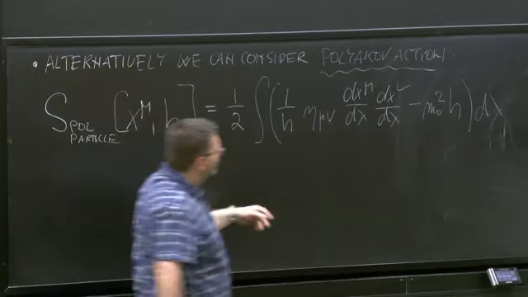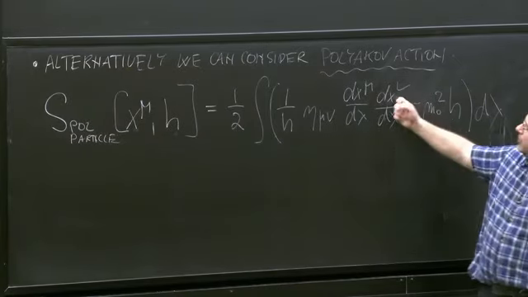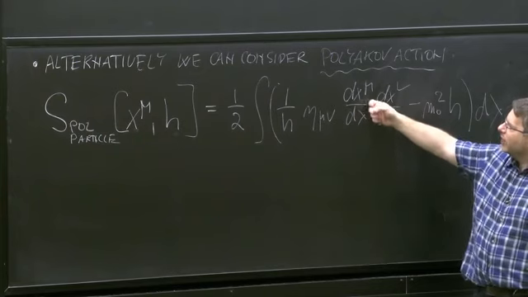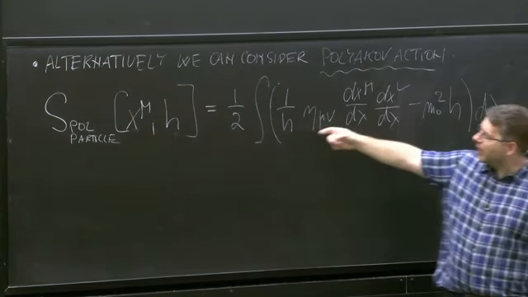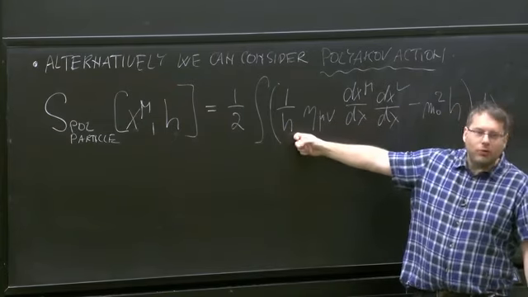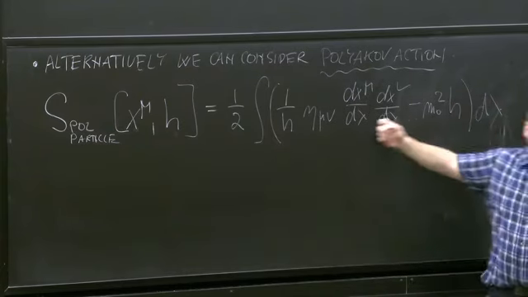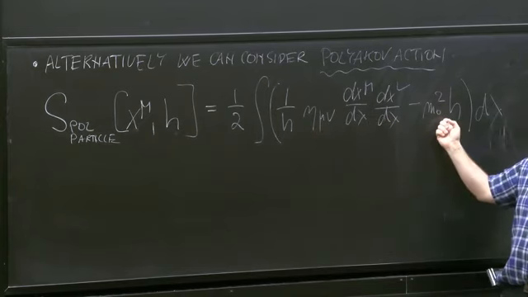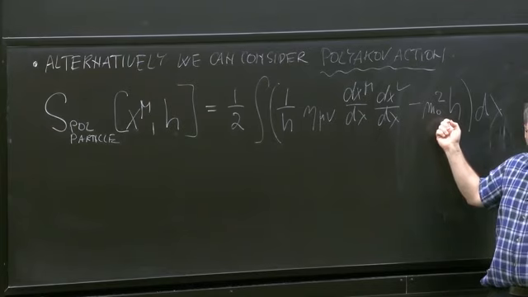However, if you look at this, the action is the standard action with respect to x mu, in the sense that it contains the derivatives of x mu and so on. But for h, there's no derivative of h. There's only an algebraic appearance of h. So what this h is, truly, is not a full dynamical variable.